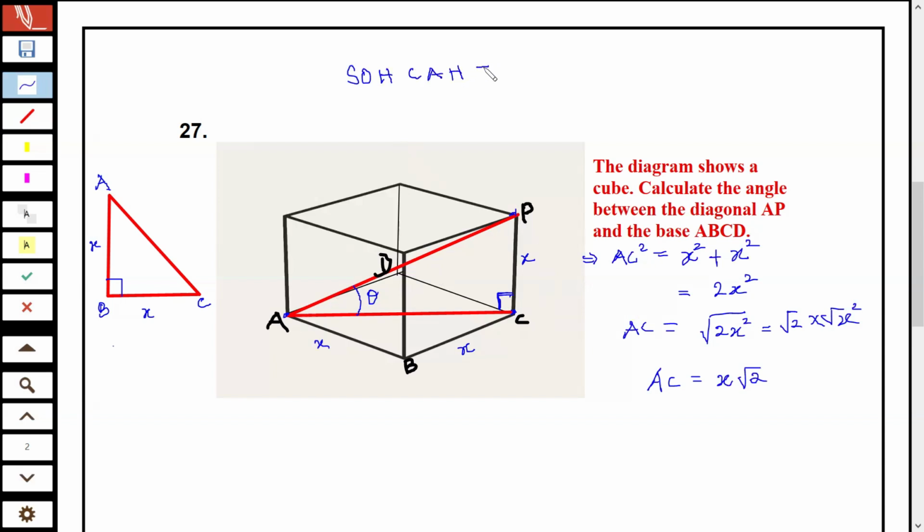From SOHCAHTOA, we can find a relationship between opposite and adjacent. Here, from triangle APC, the opposite is CP, which is x centimeters, and the adjacent is AC, which we've already calculated as x root 2.